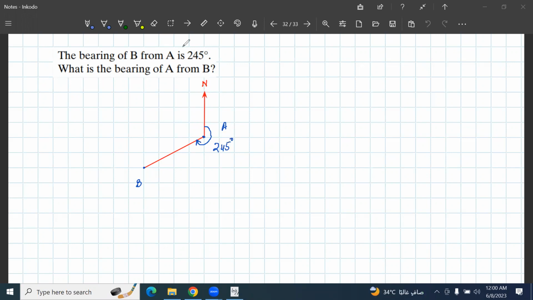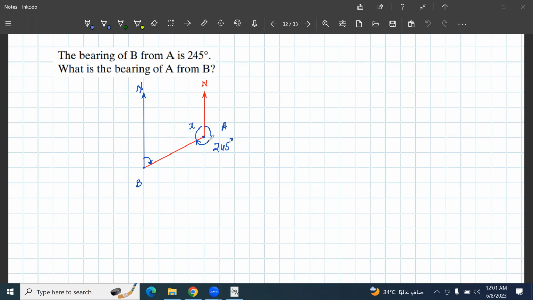Now we are looking for the bearing of A from B. So we must have north at B, okay? This is the north at B, and from north in the clockwise direction, that is the bearing. So again we will try to find the interior angle, this one.